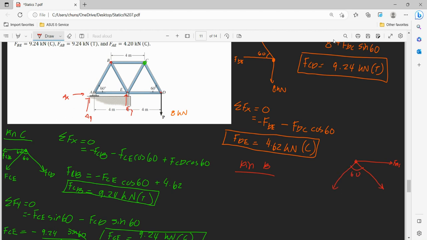This is 60, and this is BA and FBE. Okay, so let's start with our Fy is equal to 0. So this is negative FBA sine 60 minus FBE sine 60.